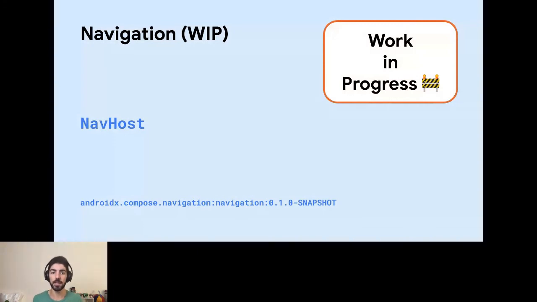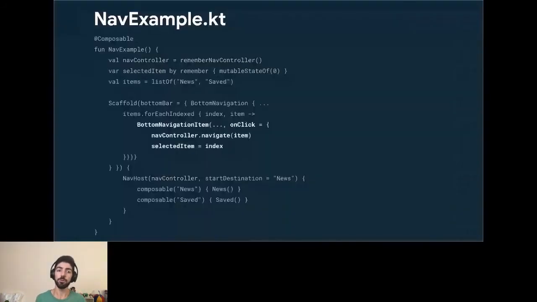For example, to get the full control of the navigation graph, you can pass in this nav controller, and you can remember it and pass it into the nav host. And with the nav controller, you can use the navigate function to navigate to another destination. So with this, you have full control of what's going on. But imagine that you're using the navigation library, and you're in a very nested composable, and you want to access this navigation controller.